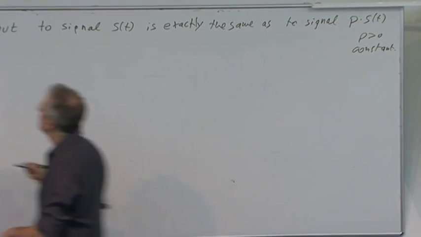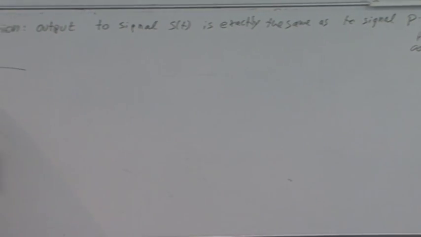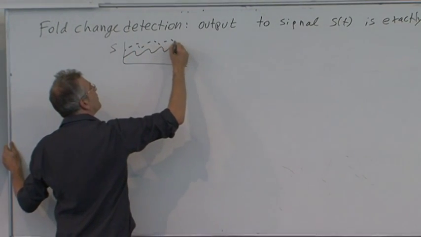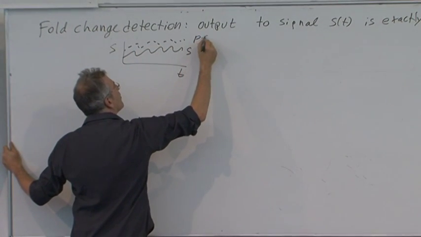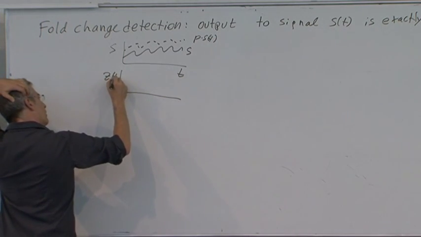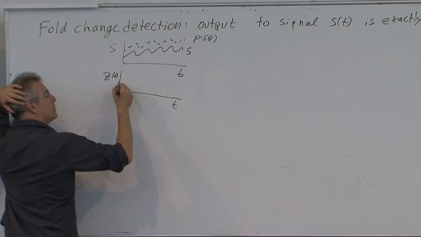In other words, if I give an input signal that looks like this, and I multiply it by P, the output will be the same.